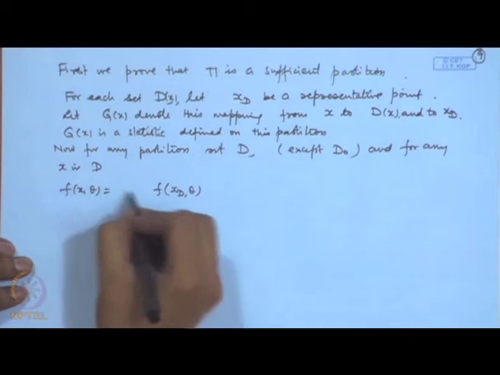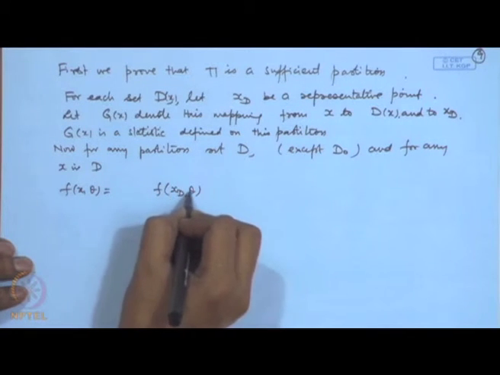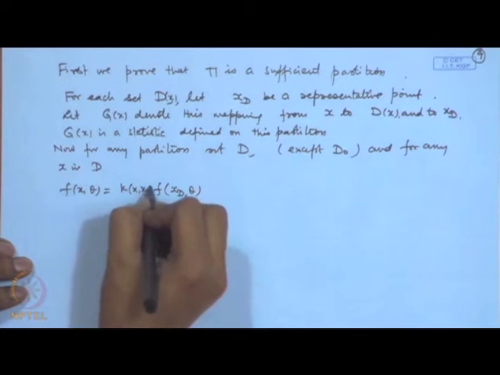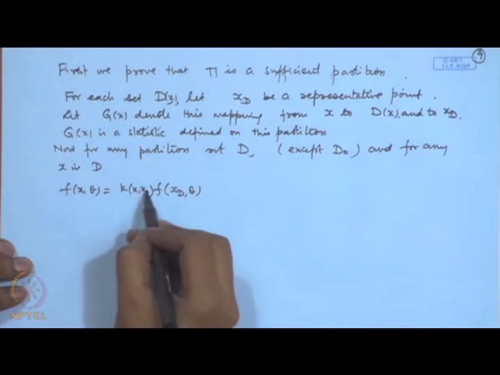That means, this is a multiple of f(x_D, theta) by a term which is free from theta, it is a function of x and x_D.